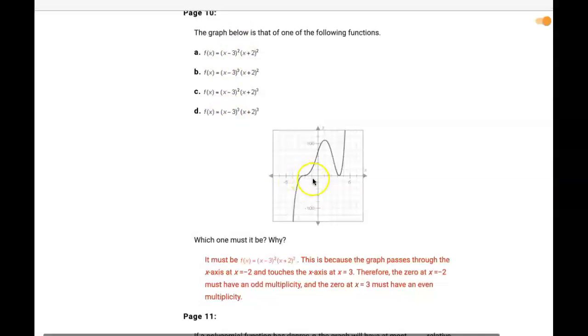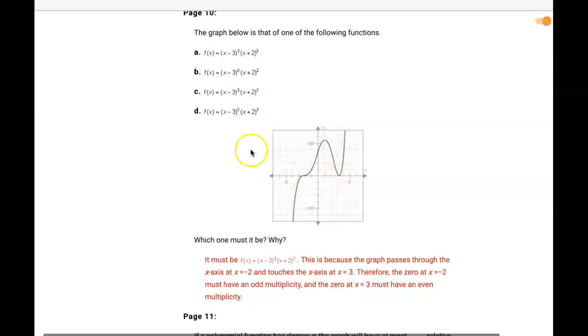And since this looks like it's at x equals negative 2, that means x plus 2 quantity has got to have that multiplicity of 3. So right here, x plus 2 with multiplicity of 3. Perfect. Then when we look over here, I guess they're saying that's at x equals 3, so we'll count it as close enough.